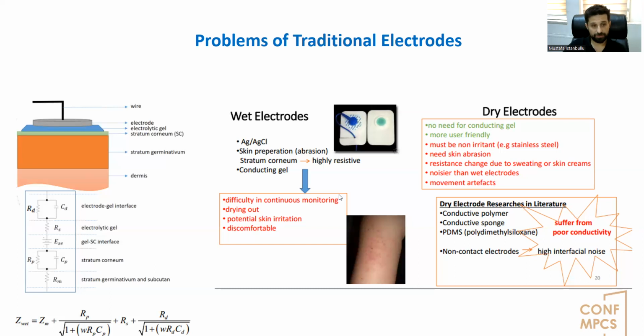Allergic reactions on the human skin surface may also occur. On the other hand, the well-known electrical equivalent of the skin and a contacted wet electrode is given in the left-hand side figure. Please note that all the skin layers, electrolytic gel, electrodes, and each interface between them has a component on the circuit equivalent.